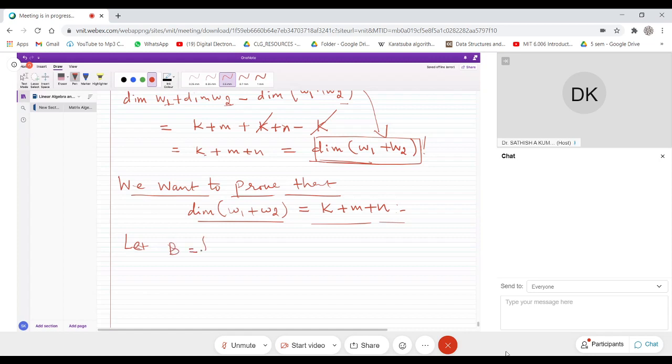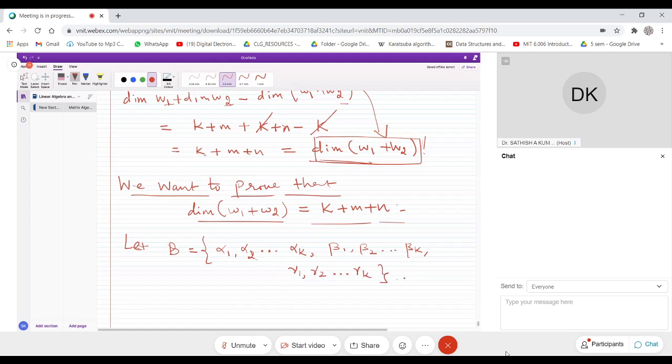Let us give some notation. B is equal to alpha 1, alpha 2 to alpha k, beta 1, beta 2, gamma 1, gamma 2 to gamma k.